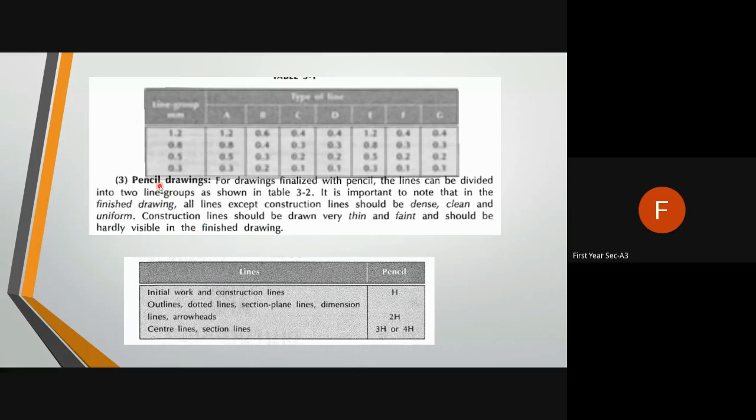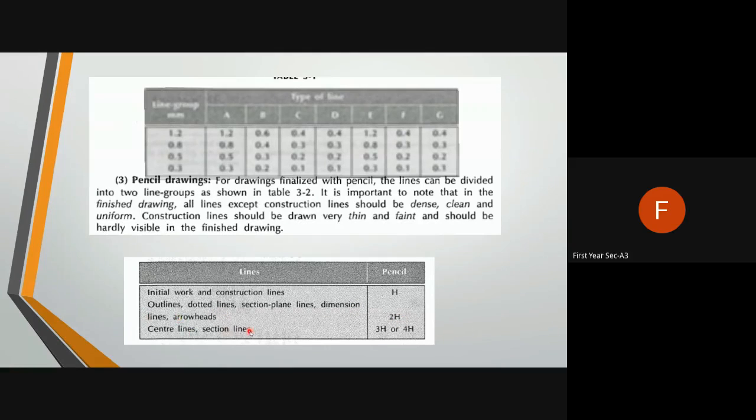Now see the pencil drawings. These are the types of lines, and line groups are also mentioned here. Initial work or construction lines can be drawn by the H pencil, 1H. Then outlines, dotted lines, section planes, section plane lines, dimension lines or arrowheads are to be drawn by 2H.